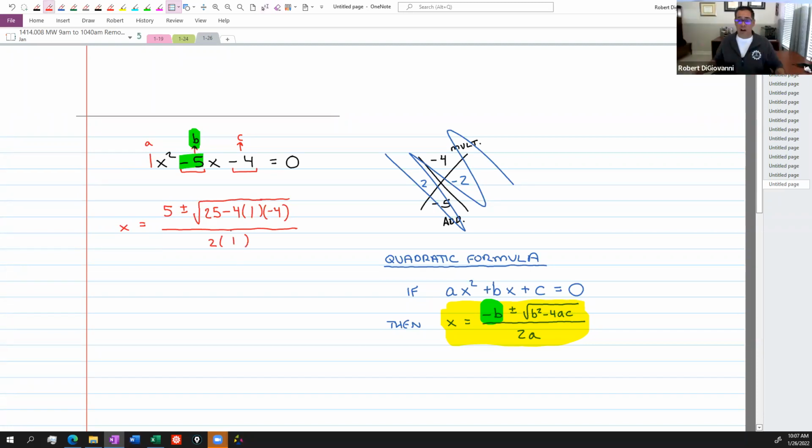So now we have to just grind this thing out. All right. So 5 plus or minus the square root of 25. Now, let me tell you the way that I do this. If you have your own way, that's great. What I always like to do is look at how many minus signs I see.